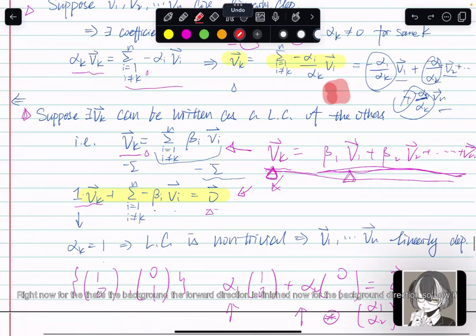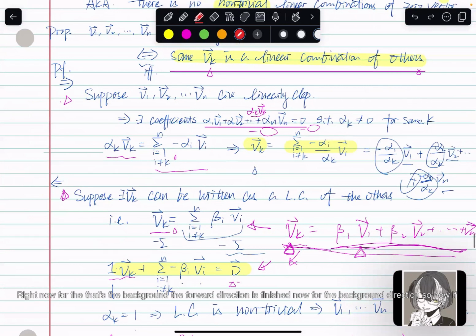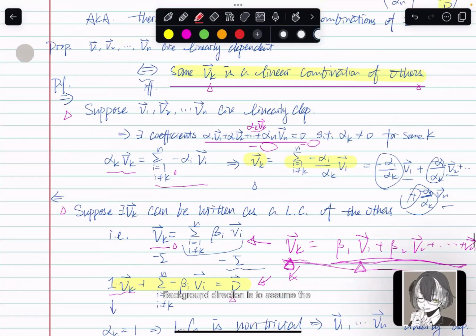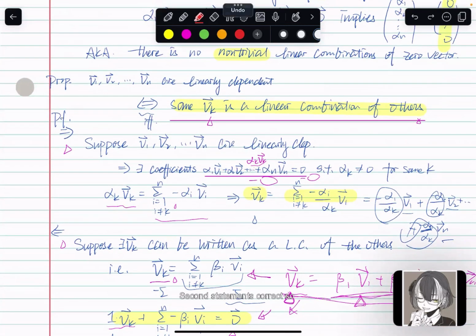All right, now for the, did I say backward? The forward direction is finished. Now for the backward direction. The backward direction is to assume the second statement is correct.